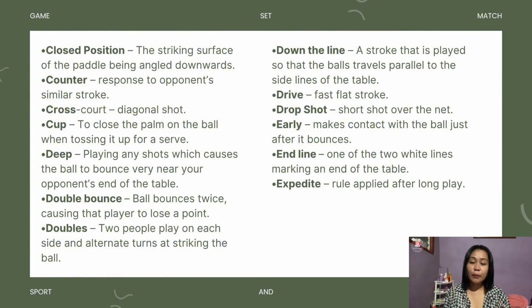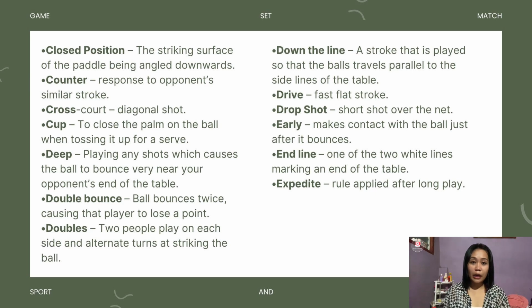And a double bounce happens when the ball bounces twice on one side of the table before being returned. So when this happens, the player loses the point. And the doubles is a match where two players play on each side, and teammates alternate in hitting the ball.